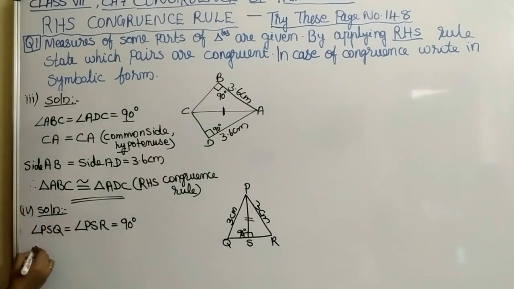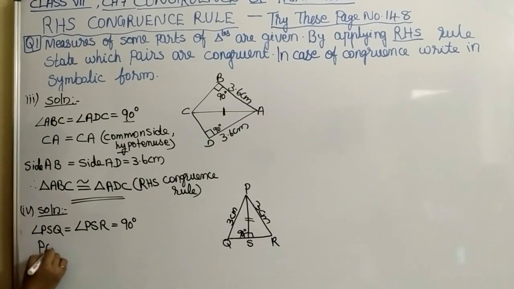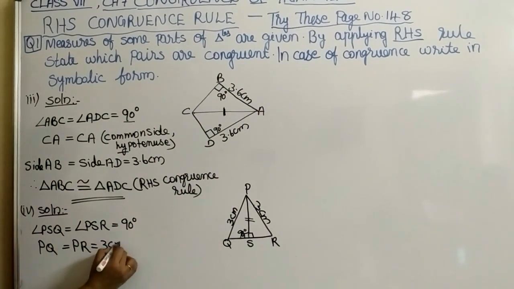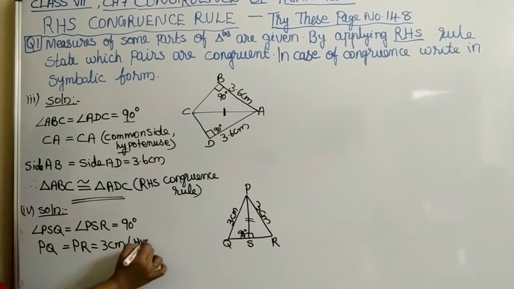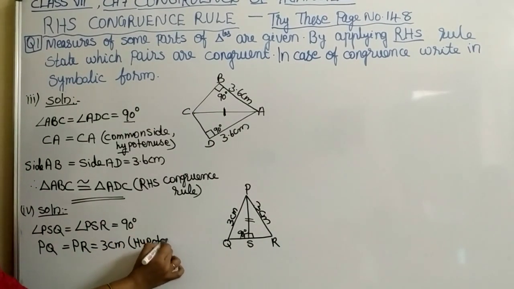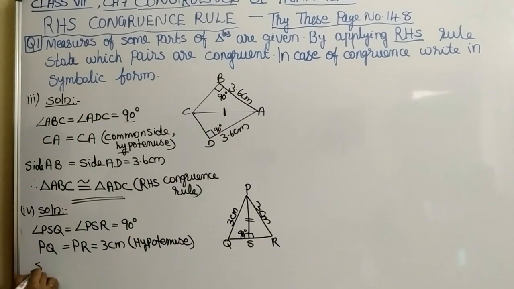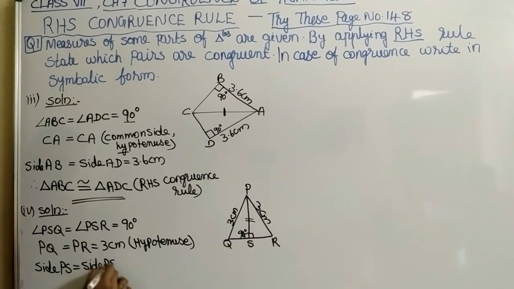Now next one, opposite side, that is PQ equal to PR equal to 3 centimeter, which is the hypotenuse. Now we want one more side to be equal. That is side PS equal to side PS, the common side.